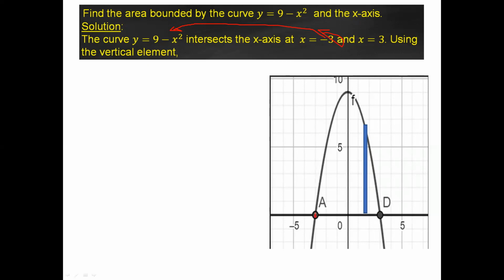On the other hand, kapag x equal to 3 naman ang ating sinubstitute sa equation, so y is equal to 0 pa rin. So we have 3 and 0 here. So importanteng malaman natin yung mga coordinates ng ating sketch. So yun kasi ang makakatulong sa atin sa paghahanap ng area ng ating curve.